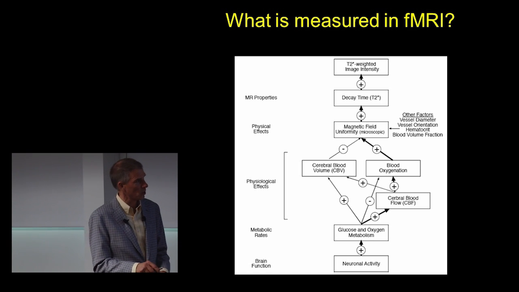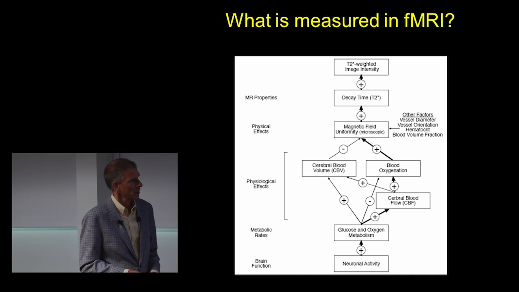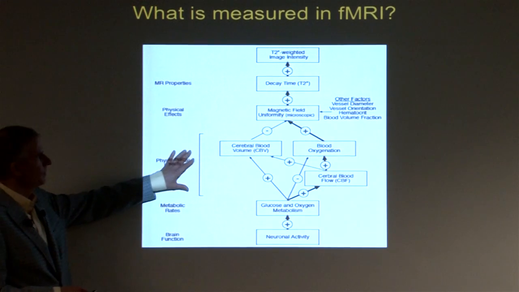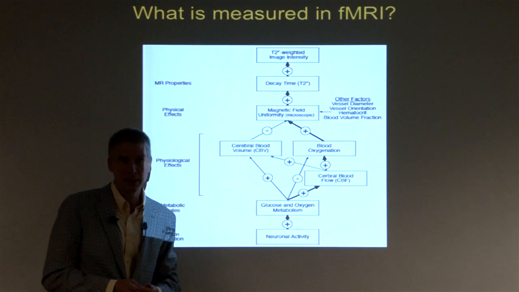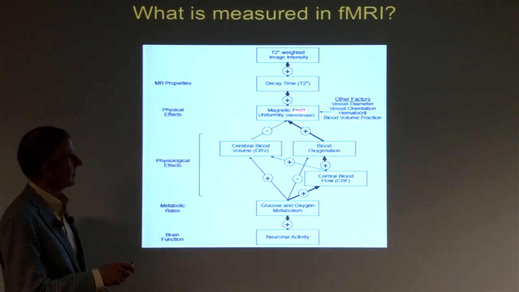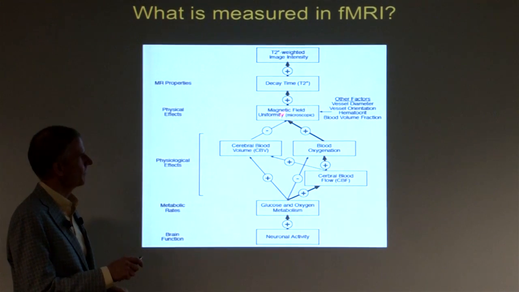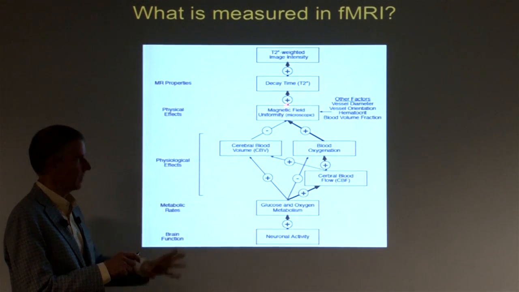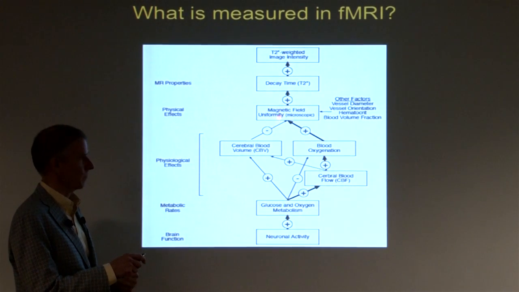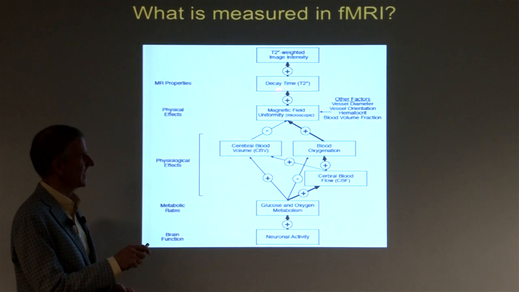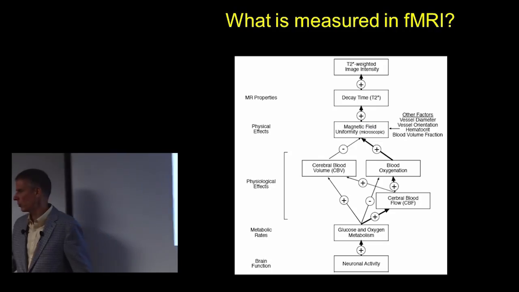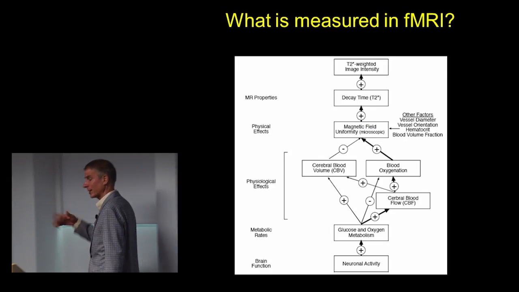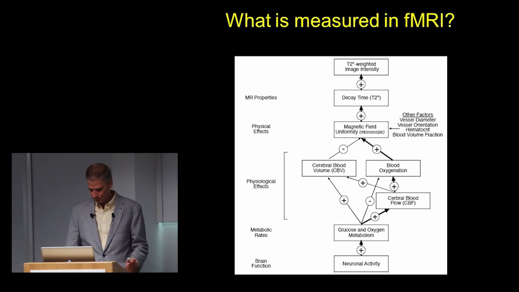People are now beginning to model this very quantitatively. So those are the physiological effects that we are seeing. This will then impact the magnetic field uniformity, and this is essentially what's being indirectly measured by the NMR effect. This changes the decay time, and then you get this T2, this decay-time-weighted image intensity, and that's finally what you analyze and what you show in color in your paper.